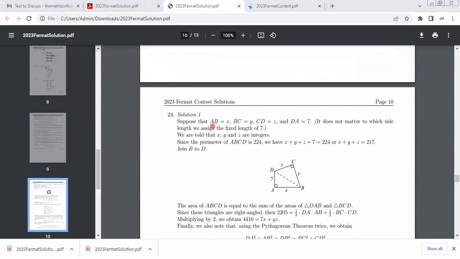In the question, it is mentioned that 3 sides of the quadrilateral are unknown. So you can assume some variables for that.